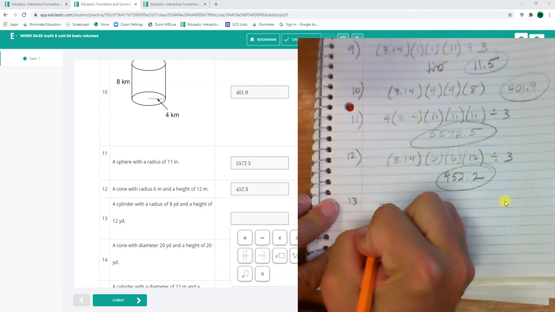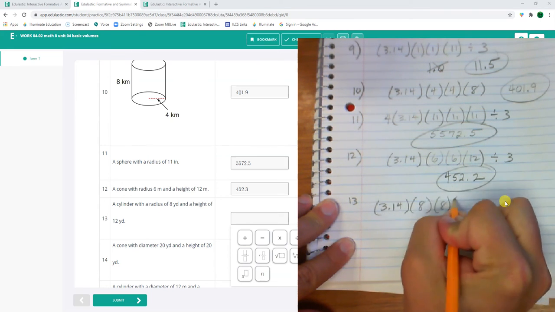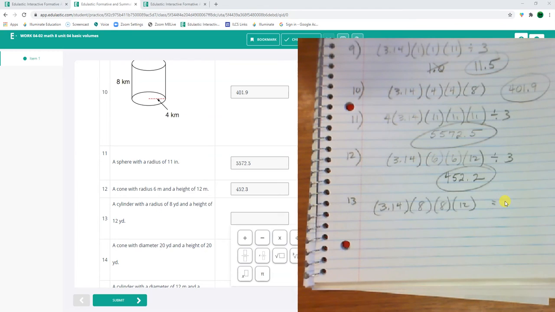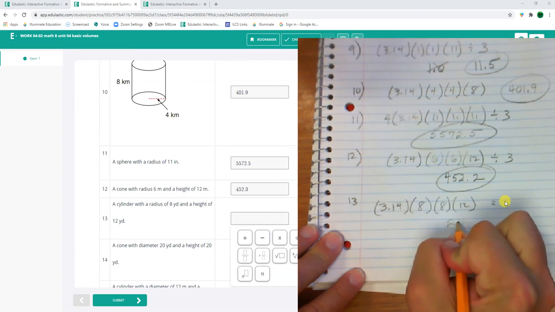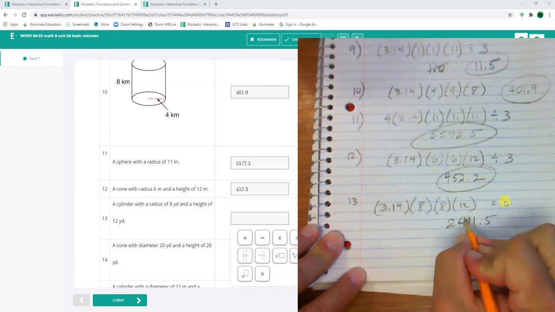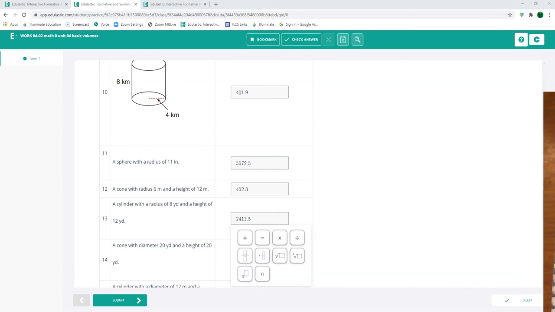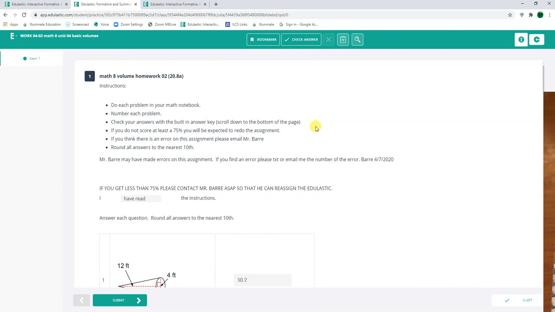Radius of 8, so 3.14, 8, 8, 12. $2411.5. Let's check answers. Make sure we're doing everything right.